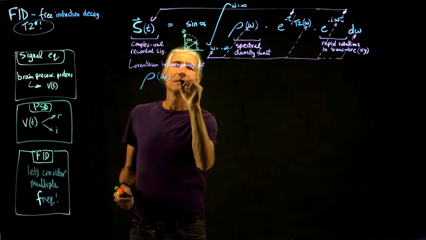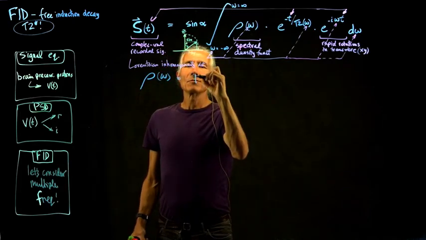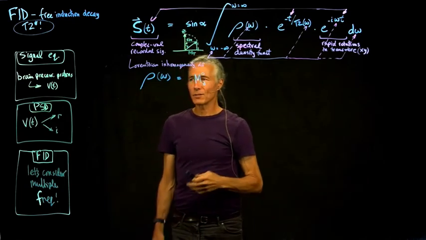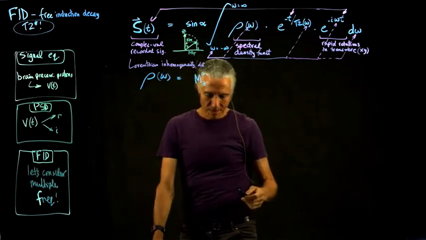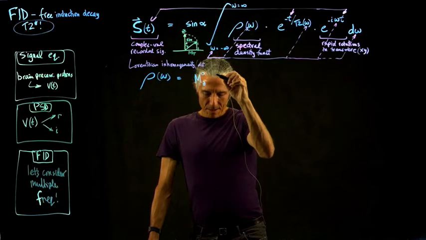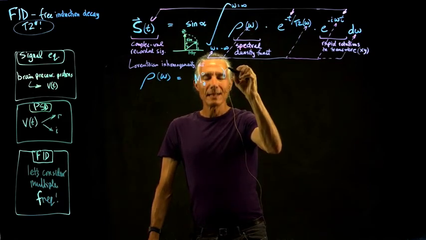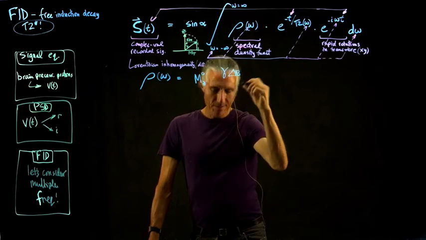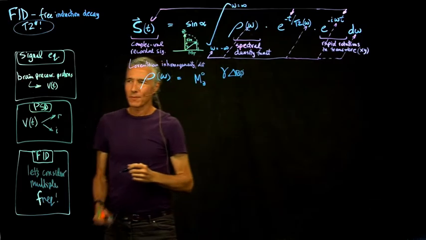So our Lorentzian distribution is equal to whatever it's scaled by, our starting magnetization, and then it's got the gyromagnetic ratio times some measure of the width of the distribution.